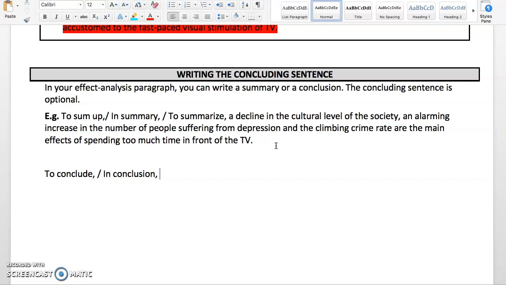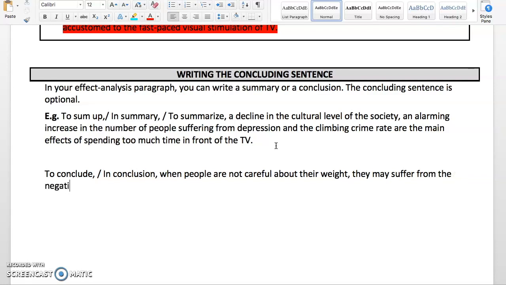I say, in conclusion, when people are not careful about their weight, they may suffer from the negative effects of obesity, for example. So that's more like my personal opinion. I want to warn, I reached a conclusion after stating all these effects.